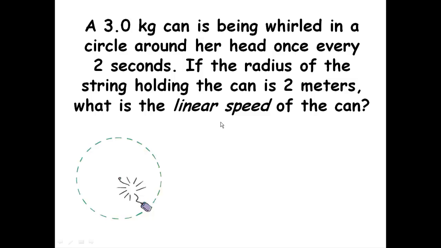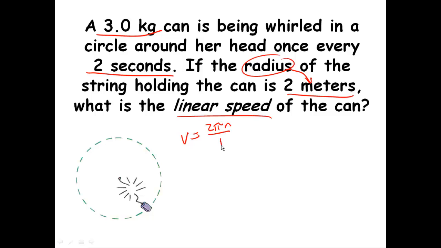Let's try a little math. We have a mass of 3 kilograms, a can being whirled in a circle around the head once every 2 seconds. If the radius is 2 meters, what's the linear speed? Well, we know the linear speed is 2 pi r over t. 2 pi r is 2 meters.